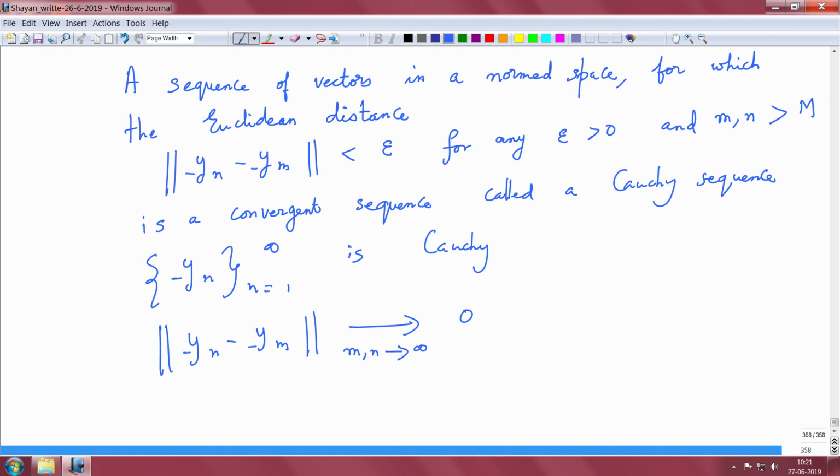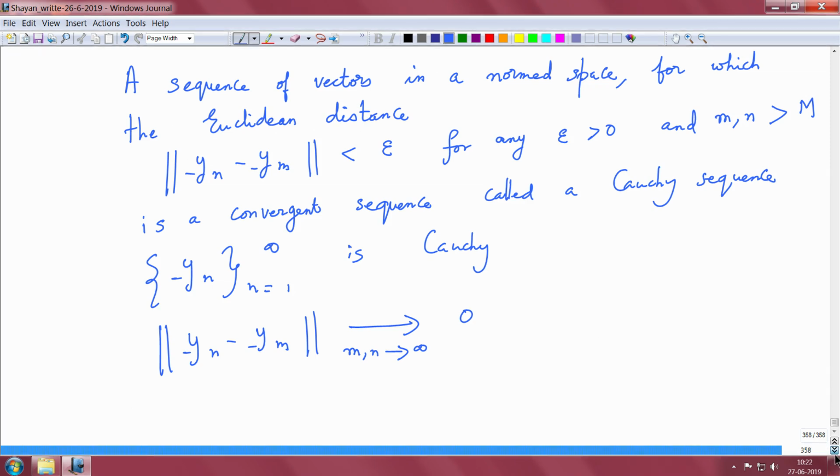And what we want is this convergent vector may not be part of the original inner product space, and that is the reason why we are bringing the subtlety here. We want to accommodate the convergent sequence also to be part of a bigger space, and that is our Hilbert space H.